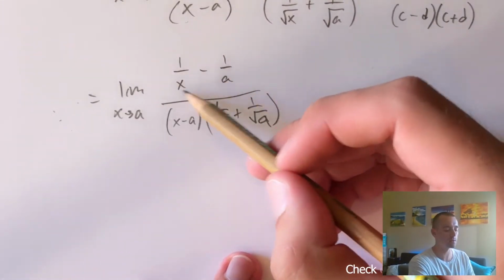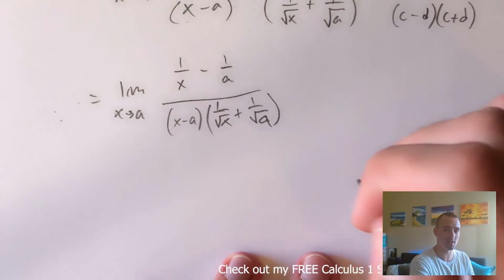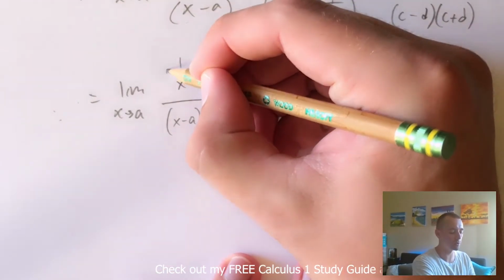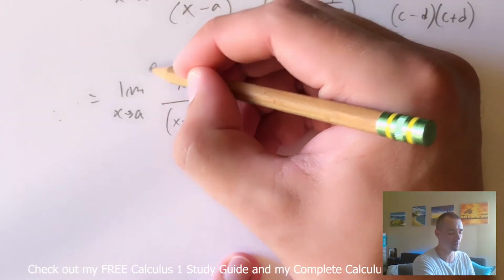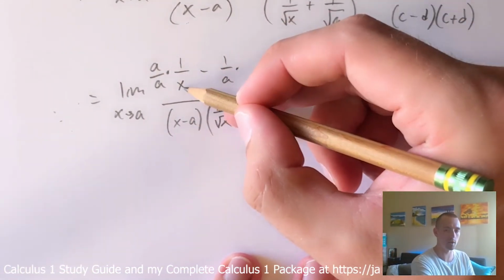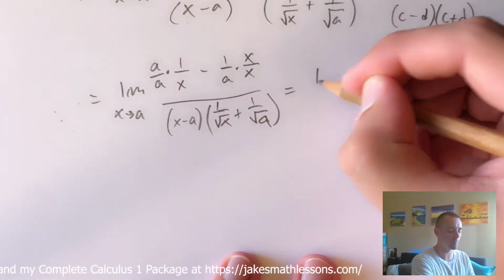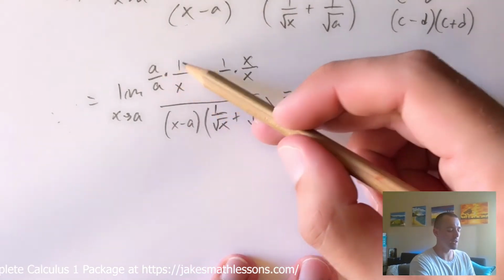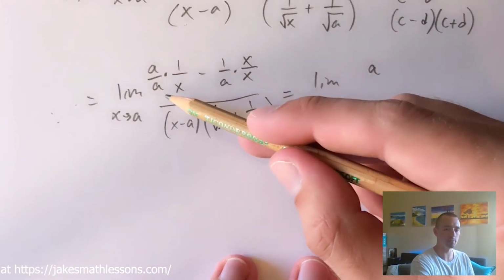So to do that, we need to combine these terms into one single term, which means they need a common denominator. So we can multiply this by the denominator of the other on the top and the bottom, and we can multiply this fraction by the denominator of the first one, both again on the top and the bottom. So doing that is going to give us a times 1, which is a, over a times x.